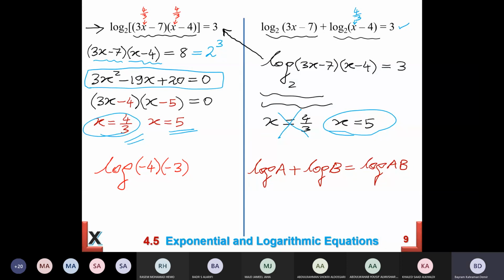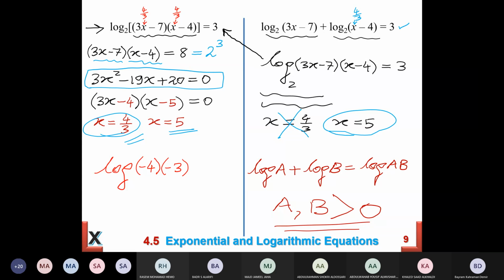But the problem is, a and b must be what? Both of them must be positive. All right? But if it's the other way around, it's okay, right?